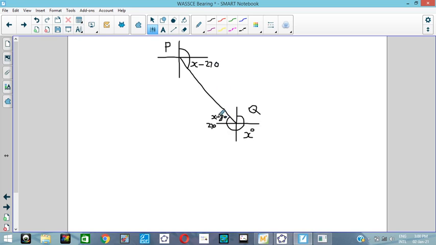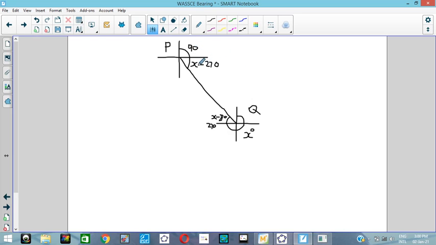So this angle X minus 270: X is the full angle, take away 270 out of it, and you get this place, X minus 270, equal to this angle here. This is already 90 degrees.